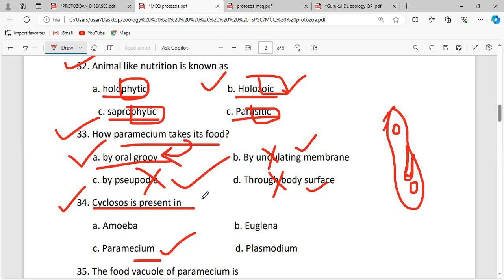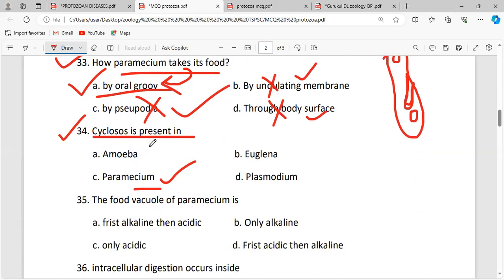For example, in paramecium you have to know the oral groove will be present for their food. For amoeba you have to know pseudopodia will be helpful, like that. In the same way, cyclosis is present in the paramecium. Paramecium is the correct answer.